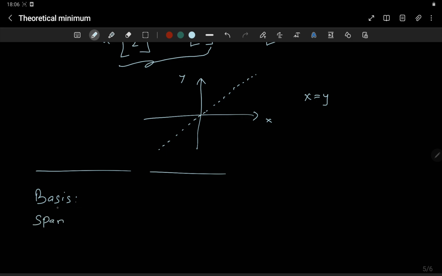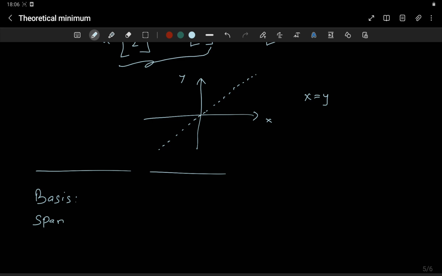So what is a basis? A basis is a set of vectors which can reach, through any linear combination, the entire R2 space. It's not necessary that it has to be R2 space. Say there is some vector space.